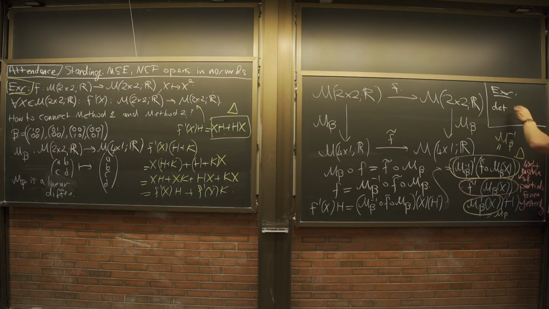It turns out that the derivative of determinant at a matrix X is the linear transformation that takes a matrix H and gives you back the trace of the so-called adjugate matrix of X multiplied by H.